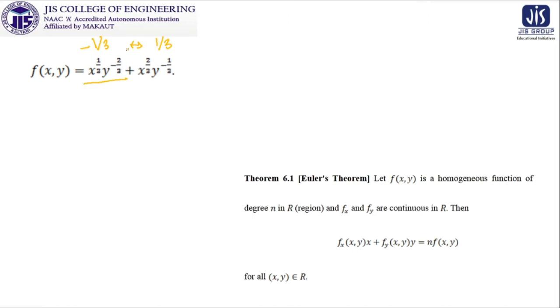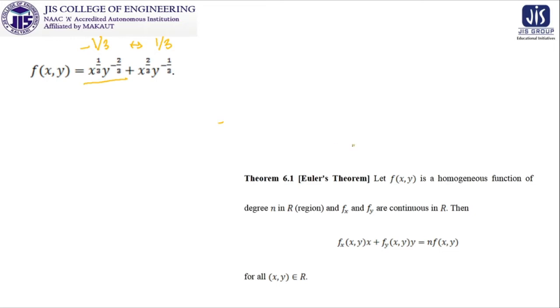Now we are going to introduce another theorem. It is Euler's theorem. Actually you got this name in the name of this particular topic, so we are actually entering the next part, that is Euler's theorem. Euler's theorem tells us that let f(x,y) be a homogeneous function.